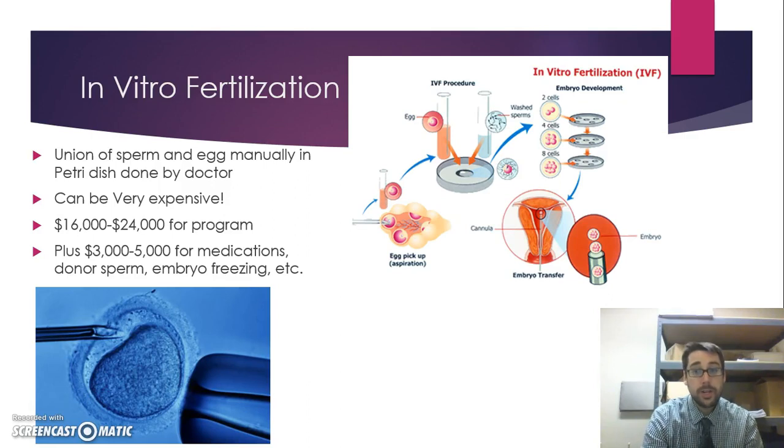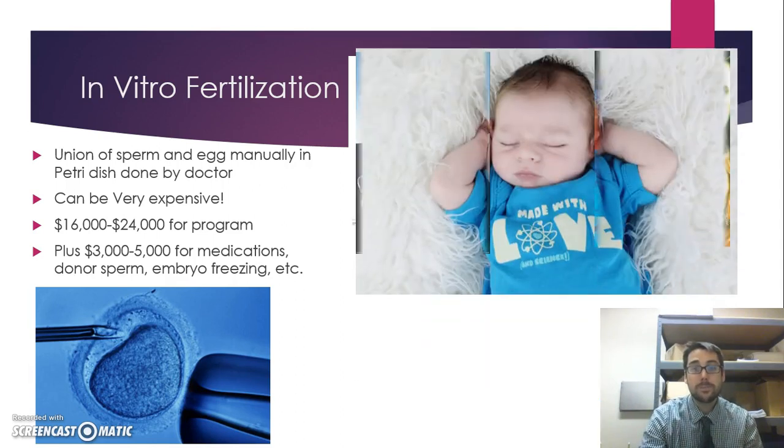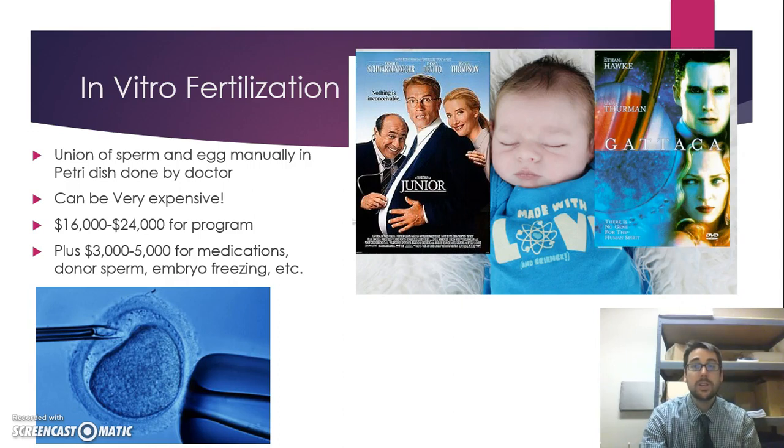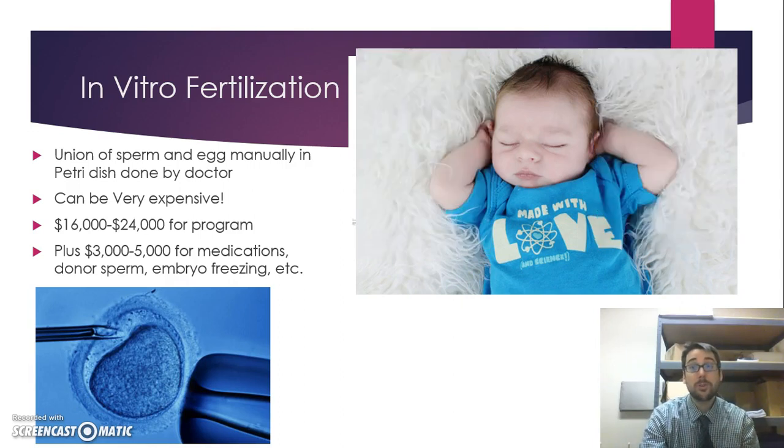So, do we need to do this naturally, or in vivo? No, we have what's called in vitro fertilization. In vitro fertilization is kind of interesting. If you're having trouble conceiving, you can pay some money and they'll do it in a laboratory for you. And this is what those movies, Junior and Gattaca, were all about, because those movies are all about in vitro fertilization.